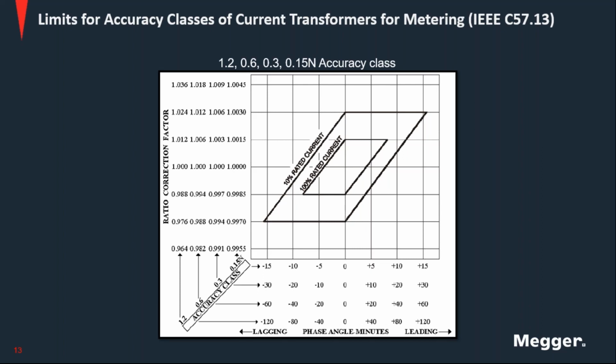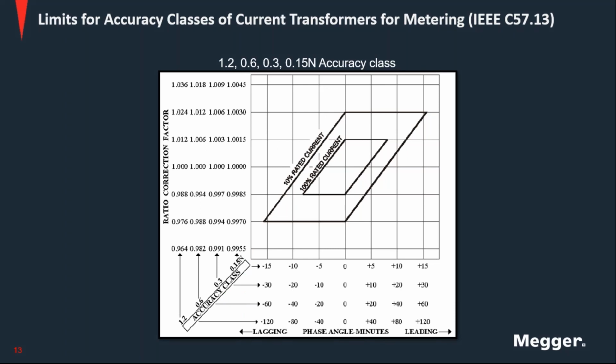So it's not only about getting the ratio, it's about getting the assessment of that ratio in relation to this coordinate plane according to the accuracy class. And in this graph, we can see that it covers the 100% of rated current and 10% of rated current. And it shows or summarizes most of those accuracy classes. For purposes of the presentation, I'm not showing all of the parallelograms.